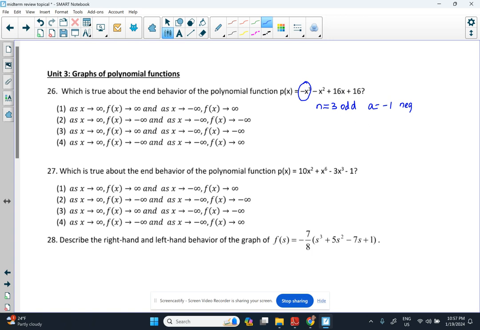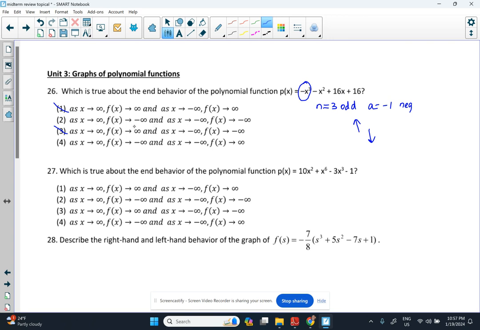And because it's negative, the left side goes up and the right side goes down. So just be careful. All of these are to the right. So as you go to the right, you're going down. So it can't be this one. As you're going to the right, you're going down. So it can't be 1 or 3. So it has to be either 2 or 4.